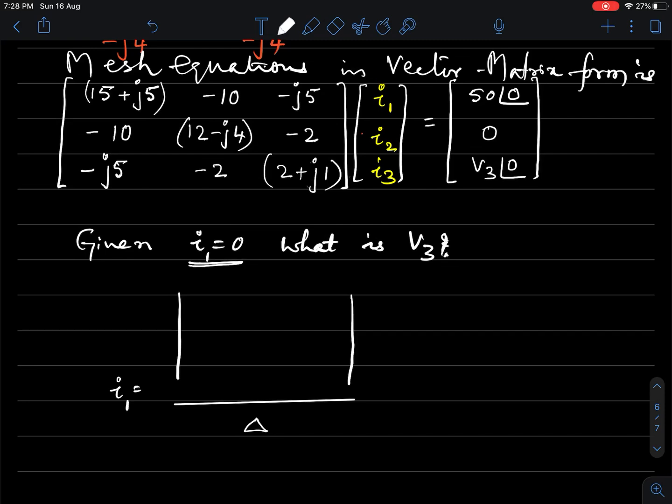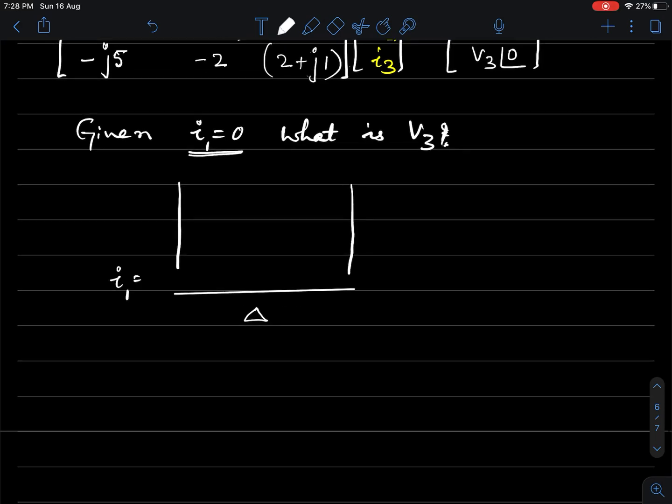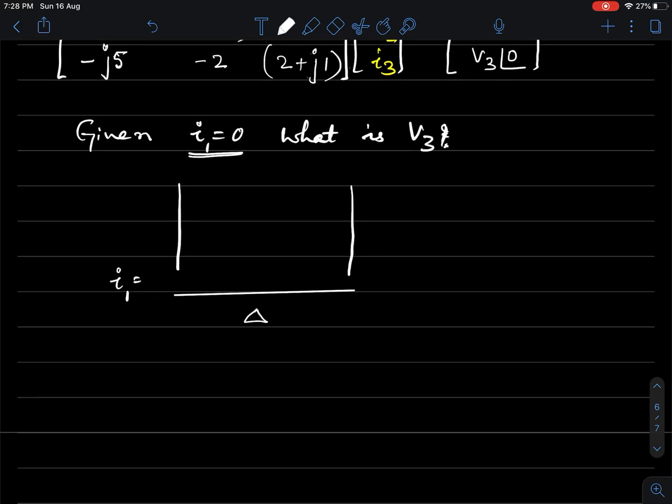How is I1 obtained? I1 is obtained by replacing the first column of the delta matrix. What is the delta matrix? If you remember from matrices, the delta determinant is written with the components of Z11, which is 15 plus J5, this is minus 10 minus J5.